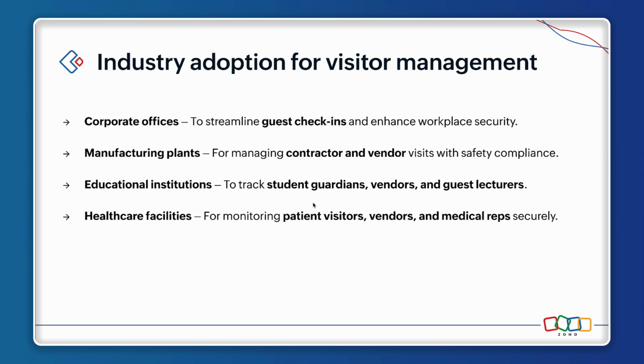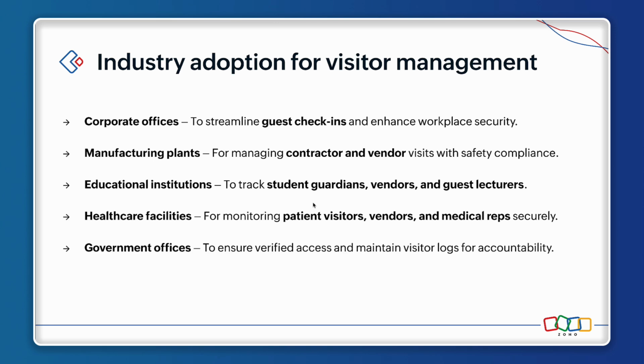When you take healthcare facilities, it could be patients, visitors, vendors, and medical reps getting into the facility. And when you take government offices, if you want to ensure verified access and maintain a visitors log for accountability, then you go for the smart visitor management system. So these are a few industries which adopt the visitor management system.